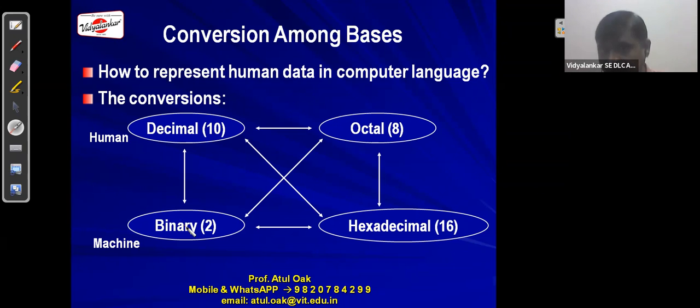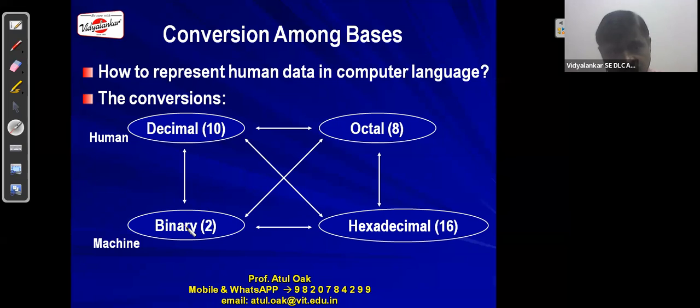I am repeatedly saying, to manage complexity. Okay, we are not going to talk about alphabets, because the next question will come in your mind, how we represent alphabets which humans talk into machine, which is a perfect question. But that I'll be talking about a little later. Here I will talk only about integer data. Okay, conversion of integer data.